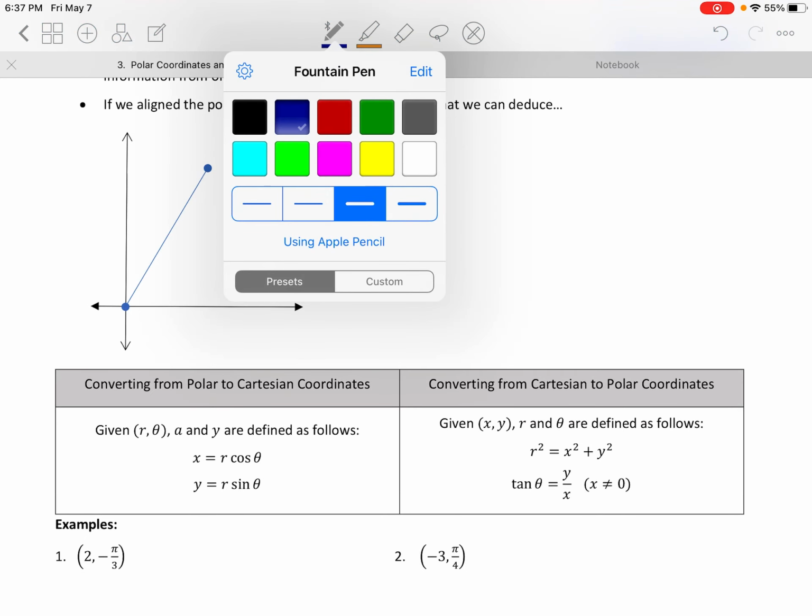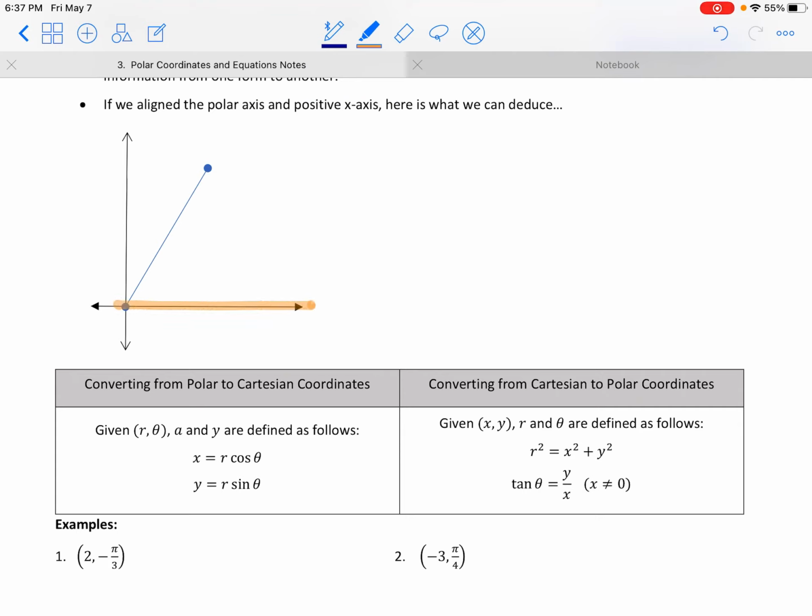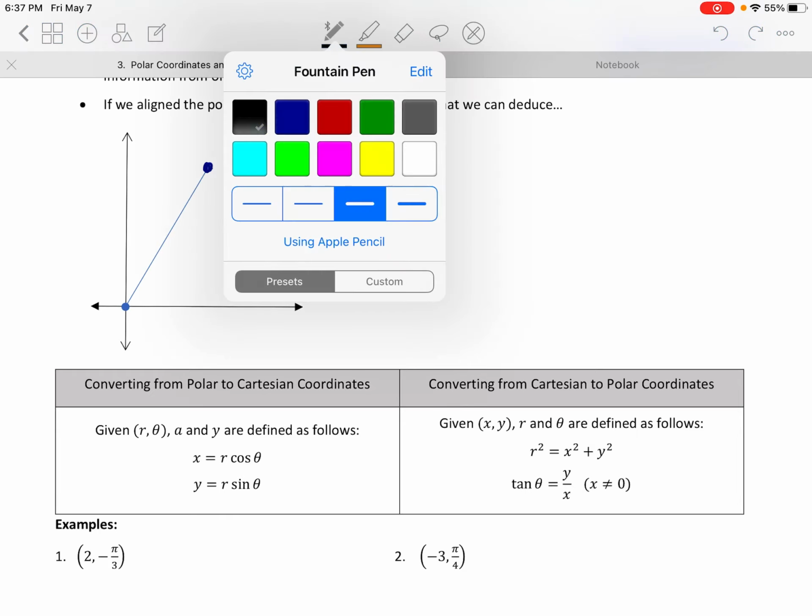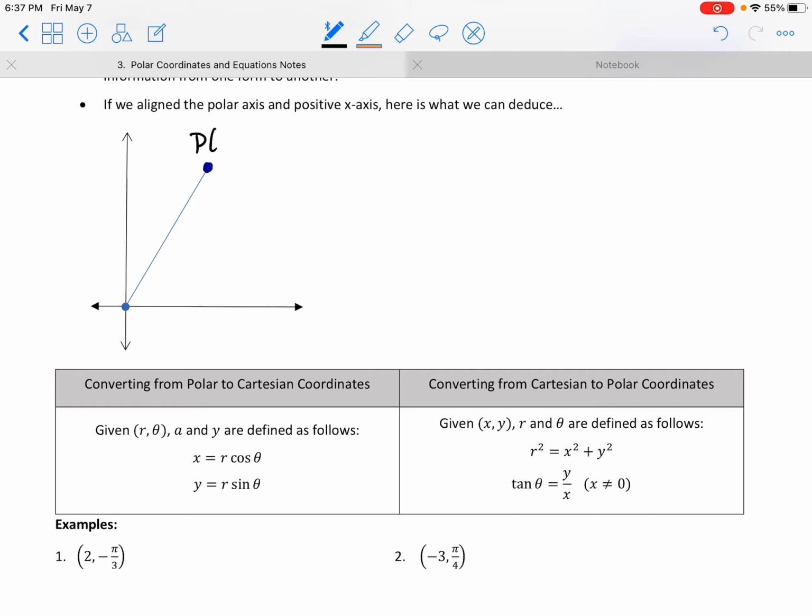So let's pretend that this is our positive x-axis and our polar axis at the same time. So that this point P, let me use black here, this point P is representing a polar coordinate and a rectangular coordinate at the same time. Okay, so this would be our radius length. This would be the angle that's created between that radius and the polar axis.